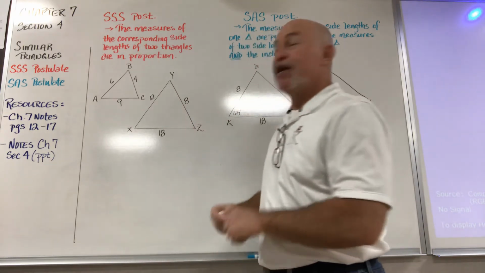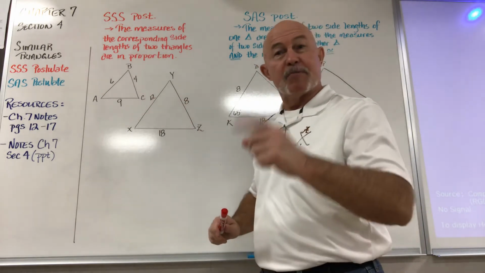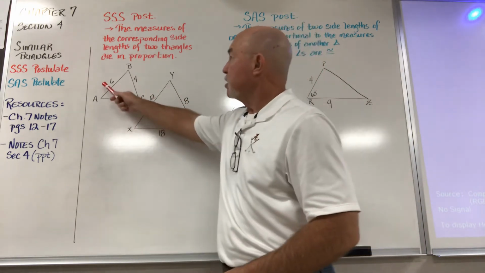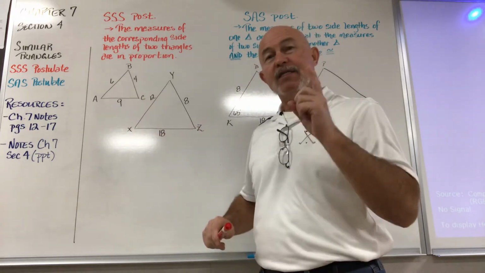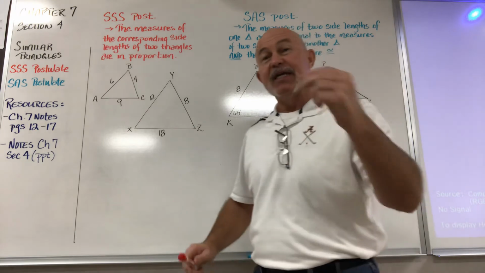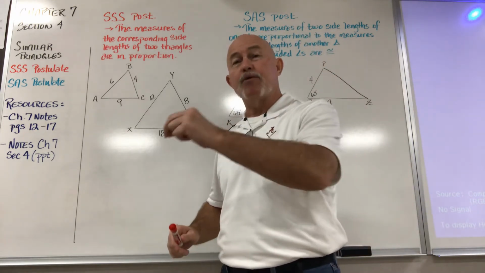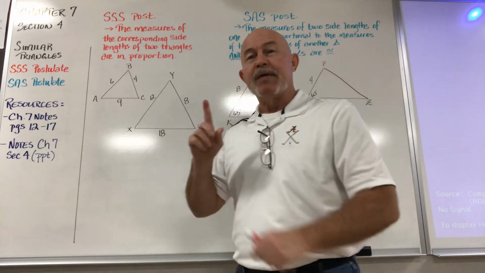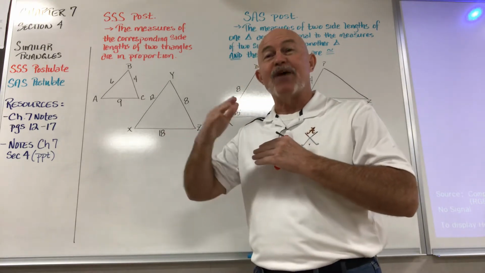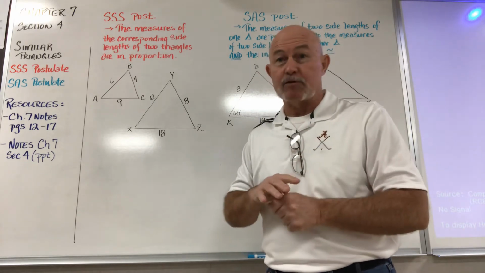So, if I think that way, 4 over 8 simplifies to 1/2. 6 over 12 simplifies to 1/2. 9 over 18 simplifies to 1/2. These sides are in proportion because they all simplify to the same term. Remember, that's our scale factor as well.